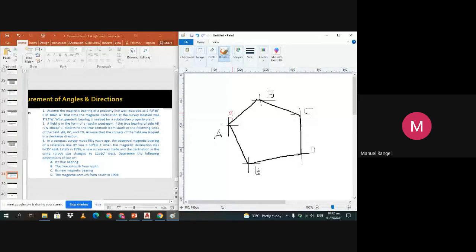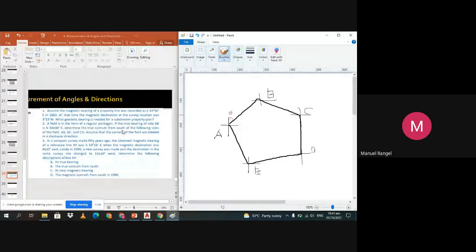So determine the true azimuth from south. What is given? A field in the form of a regular pentagon. The true bearing of side AB is north 30 degrees east.